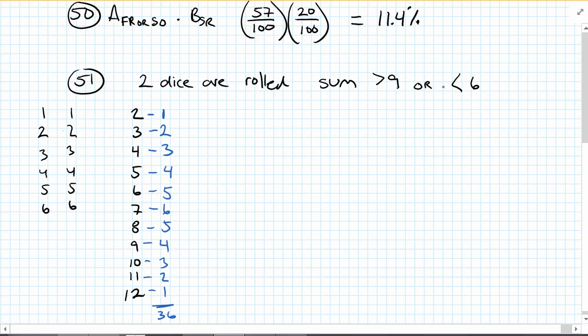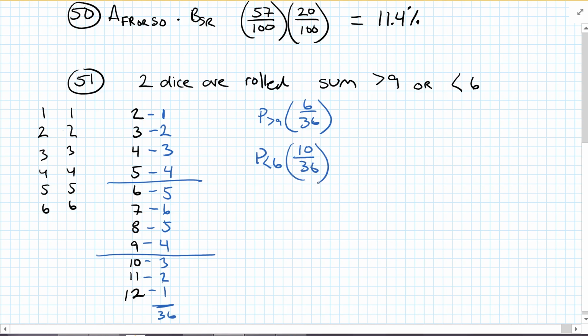All right. So how many can we get with a sum greater than 9? 6. So what's the probability of greater than 9? Well, it'd be 6 over 36. What's the probability of less than 6? 1, 2, 3, 4, 10. So the probability of less than 6 is 10 over 36. So what's the probability of being less than 6 or greater than 9?